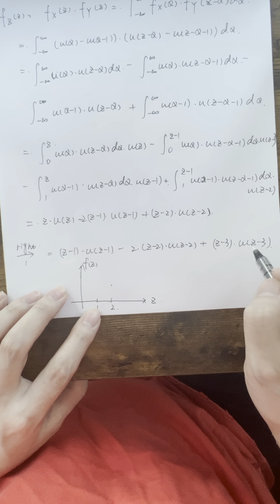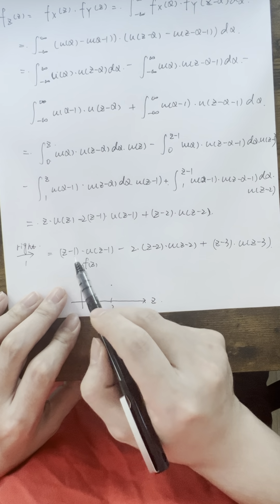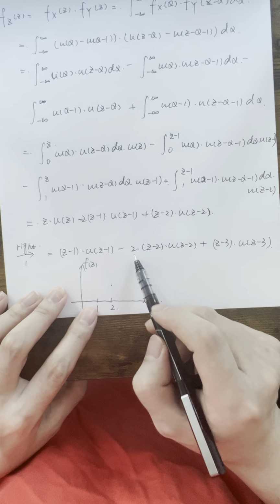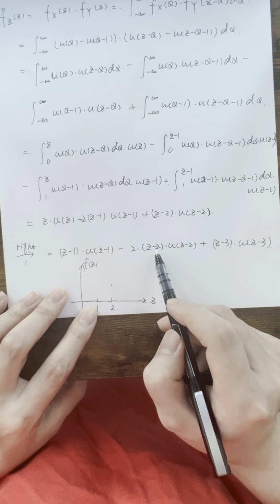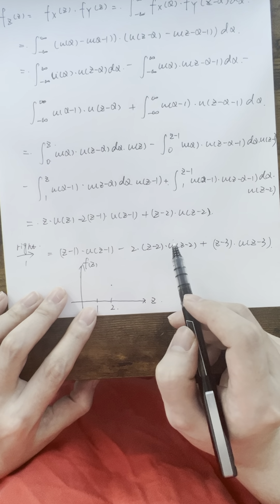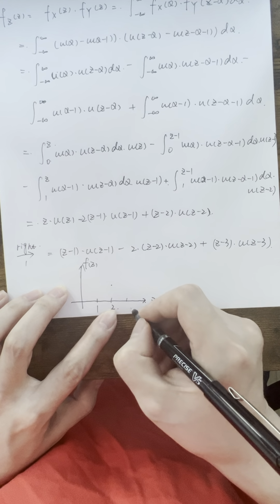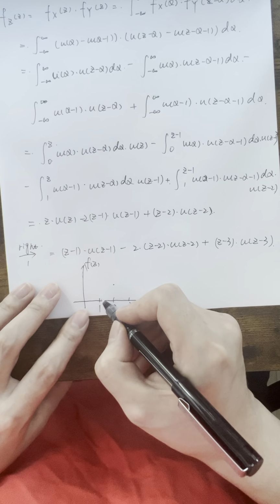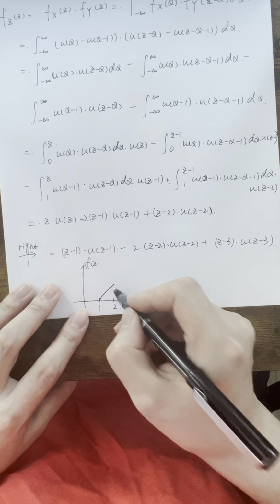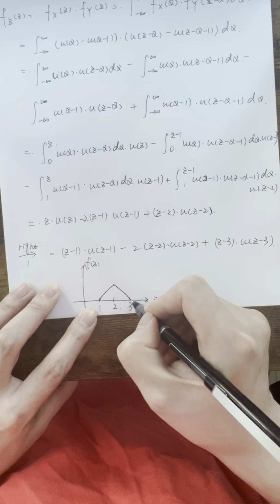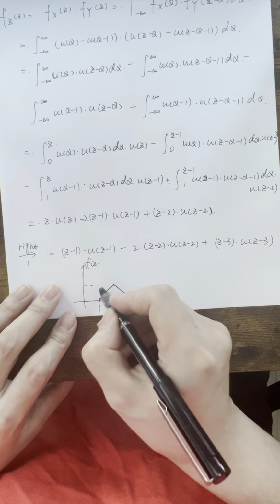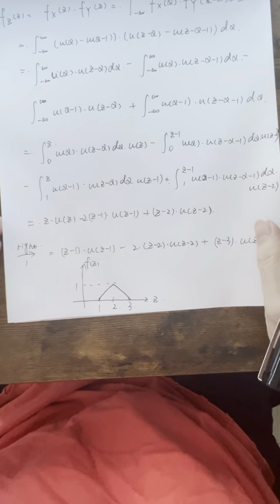When z is equal to 3, the value is (3 minus 1) which is 2, minus 2 times 1, which is 2 minus 2, so it's also 0. So its figure should be like this, with the peak at 1. Okay, that's the convolution method.